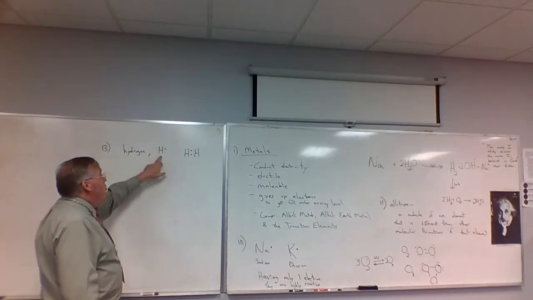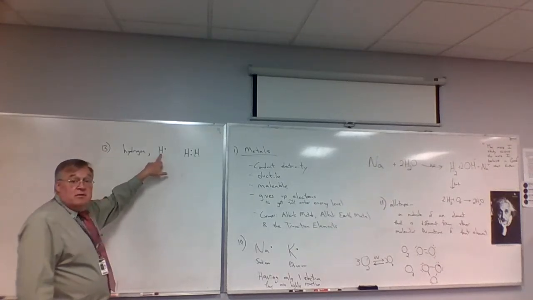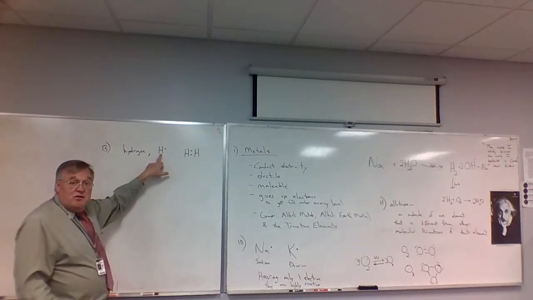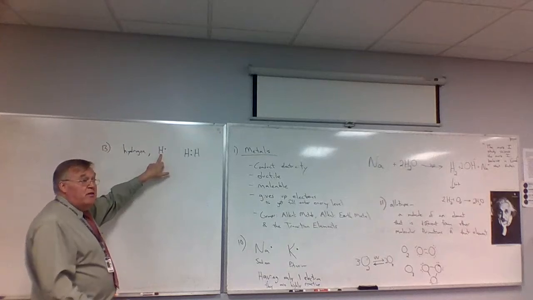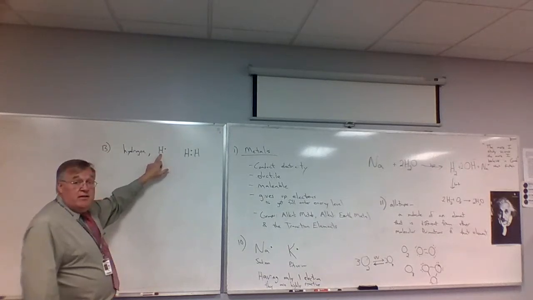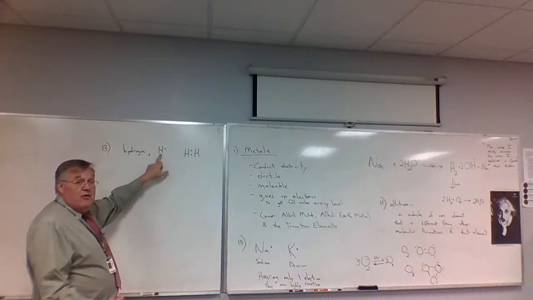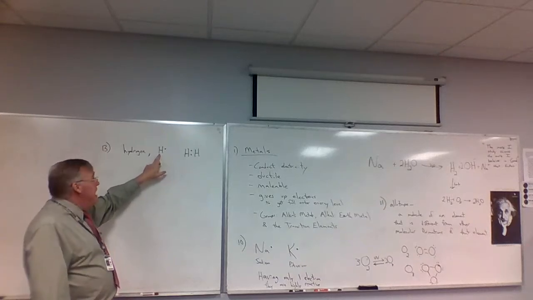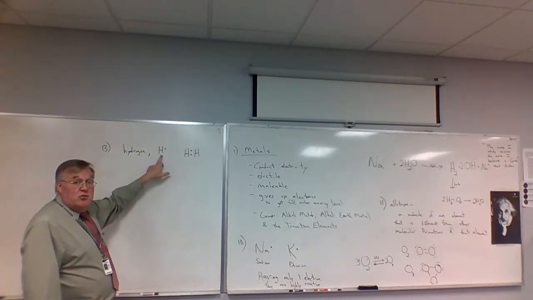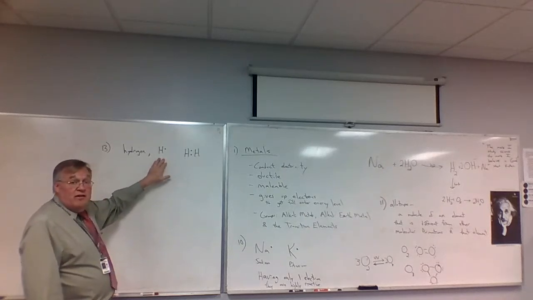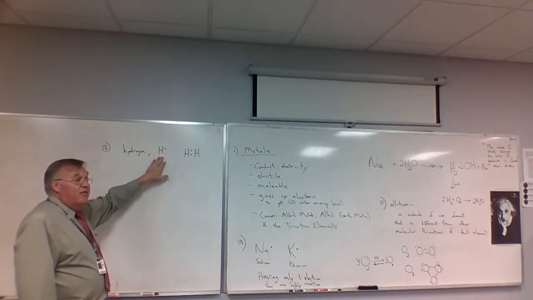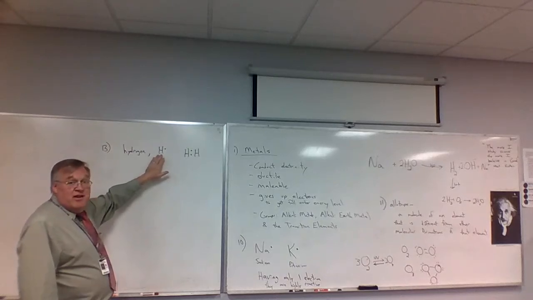So no matter what this element hits, whether it's oxygen or carbon or nitrogen or chlorine or whatever neighbor this hydrogen element runs into, it is going to react with it.